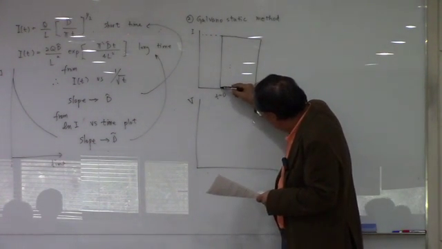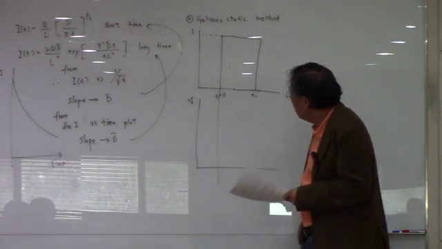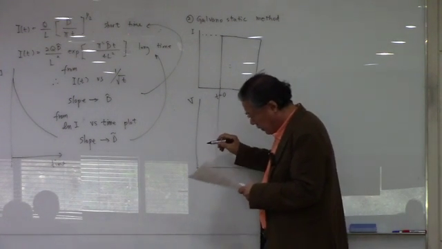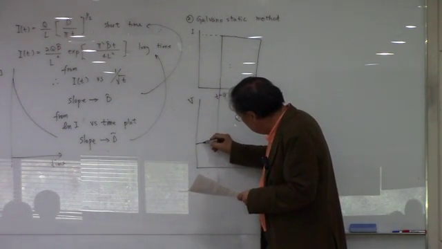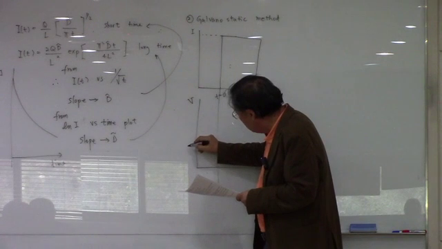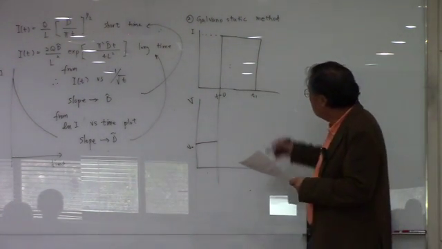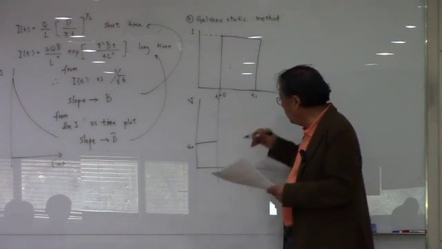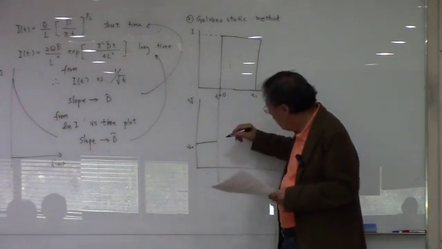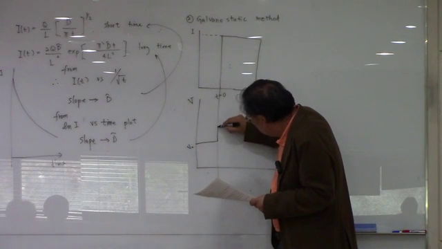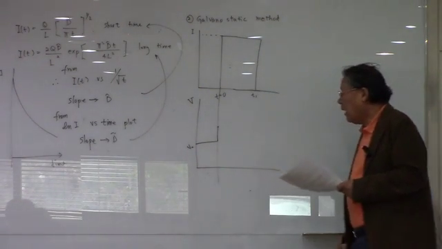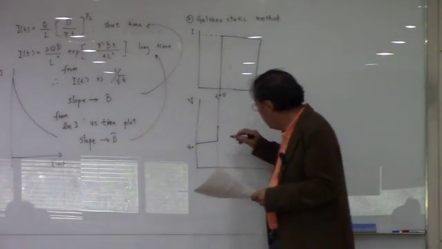Now, before you put any current, it has some voltage, like a V naught, equilibrium voltage, and suddenly you apply the current, you're going to have an IR drop.